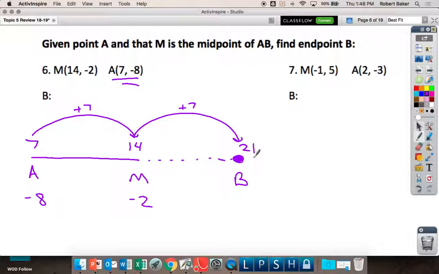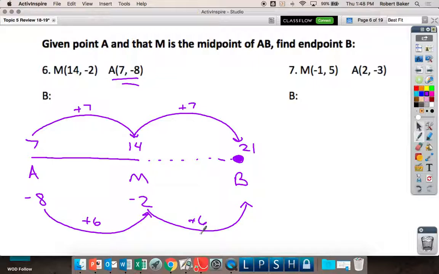Now, I want to do the same thing on the bottom. How did I get from here to here? What's the difference between these two? -8 plus something equals -2. 6. So if I go plus 6 to the midpoint, I want to do plus 6 to the other endpoint.